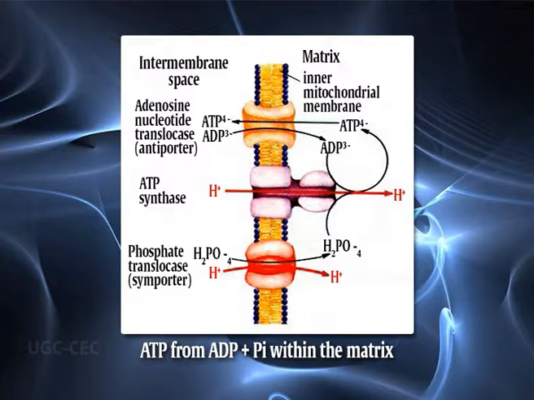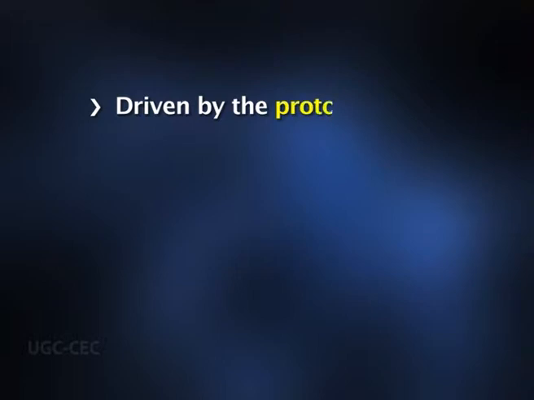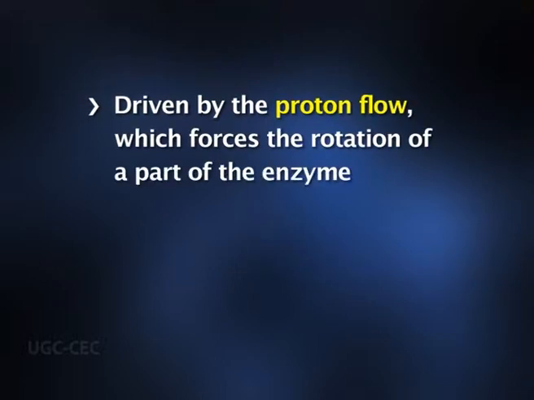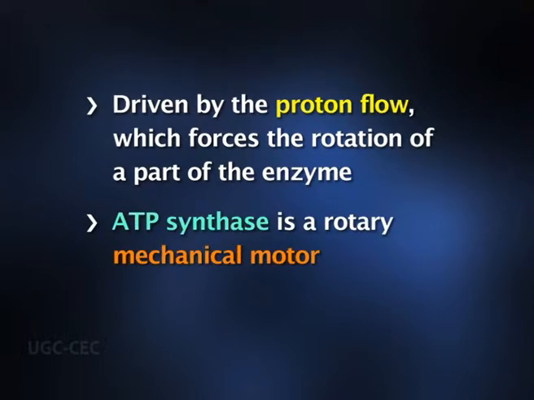This enzyme uses this energy to generate ATP from adenosine diphosphate, ADP, in a phosphorylation reaction. This reaction is driven by the proton flow, which forces the rotation of a part of the enzyme. The ATP synthase is a rotary mechanical motor.